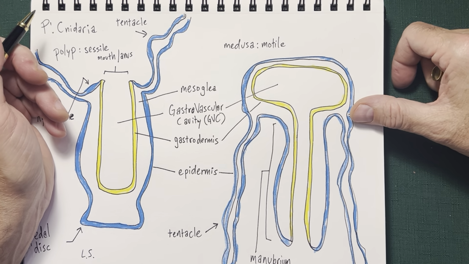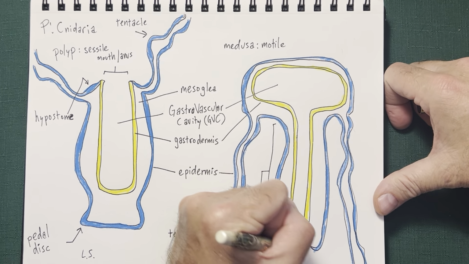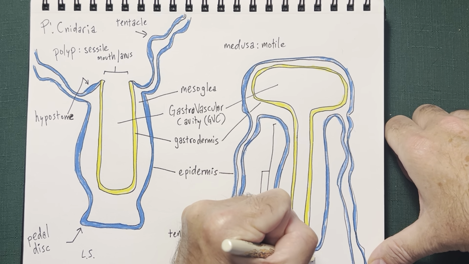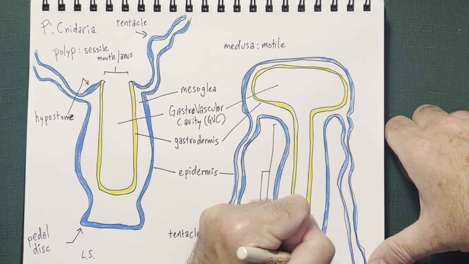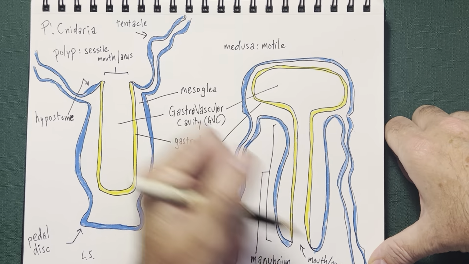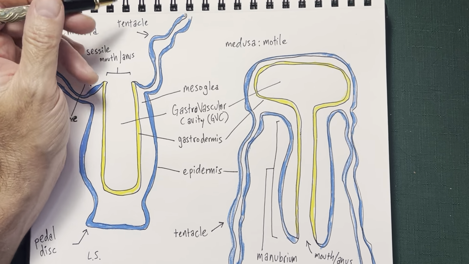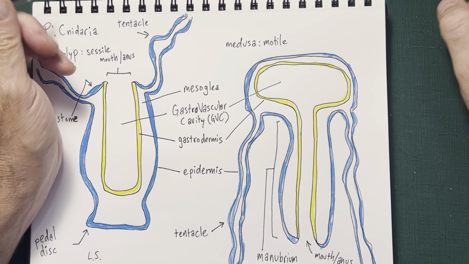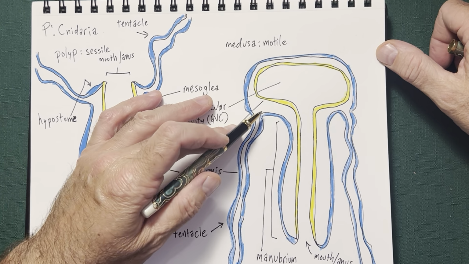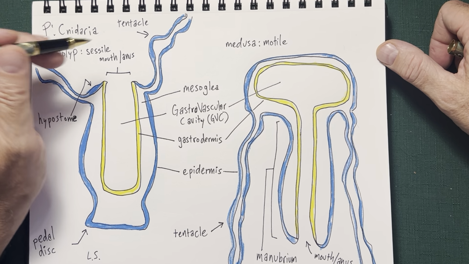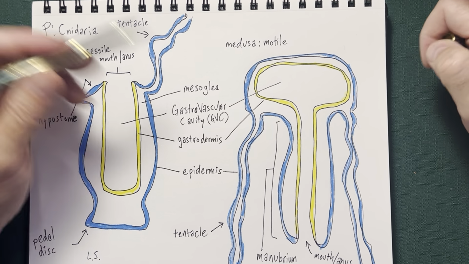And at the end of the manubrium, we've got our mouth, which also serves as our anus because, you know, it's the same. These animals are all related. Some cnidarians only have a medusa form. Some cnidarians have only a polyp form. Some have both.